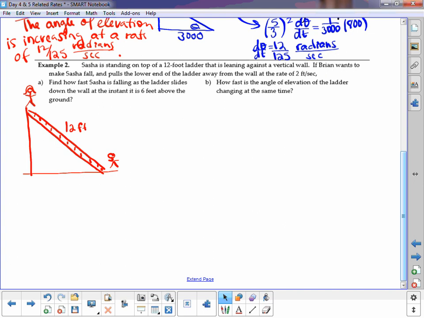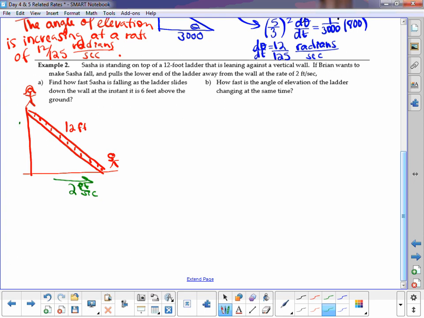And Brian is mean and pulls the lower end of the ladder away from the wall. So this is going away. At a rate of 2 feet per second, is that positive or negative? Good, positive. That distance there is increasing. Then it says, find how fast Sasha is falling as the ladder slides down the wall, at the instant it is 6 feet above the ground.